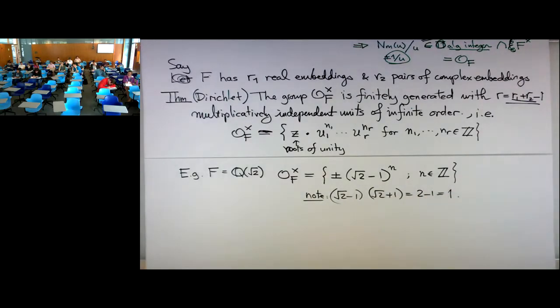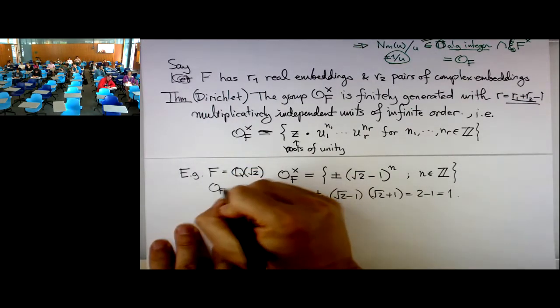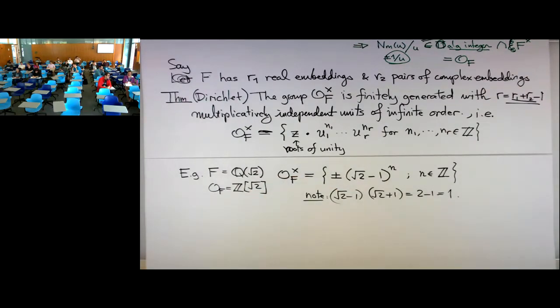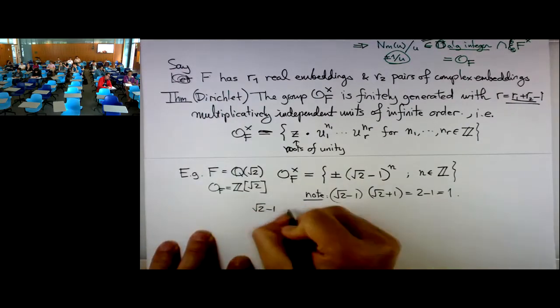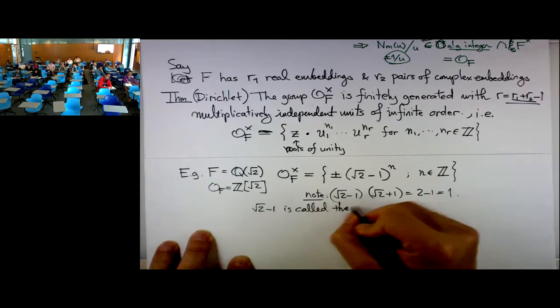Therefore root of 2 minus 1 is a unit. Its inverse is inside of O_F, because O_F is Z adjoin root of 2. And all other units are actually powers of root of 2 minus 1, plus or minus. So this root of 2 minus 1 is called the fundamental unit.